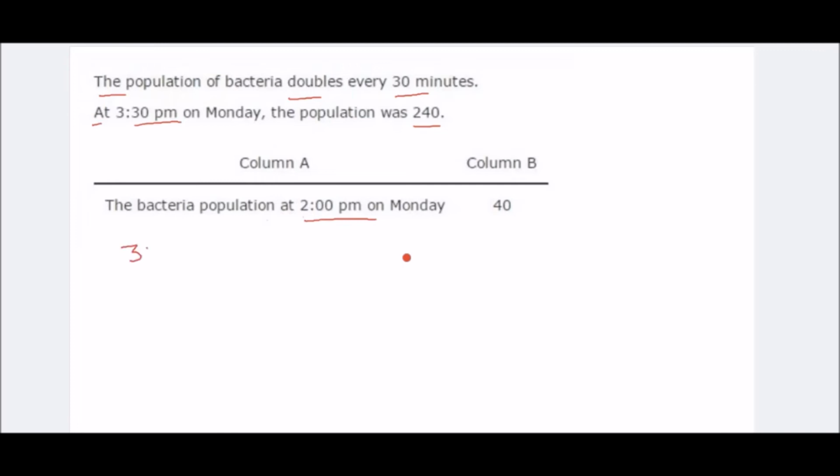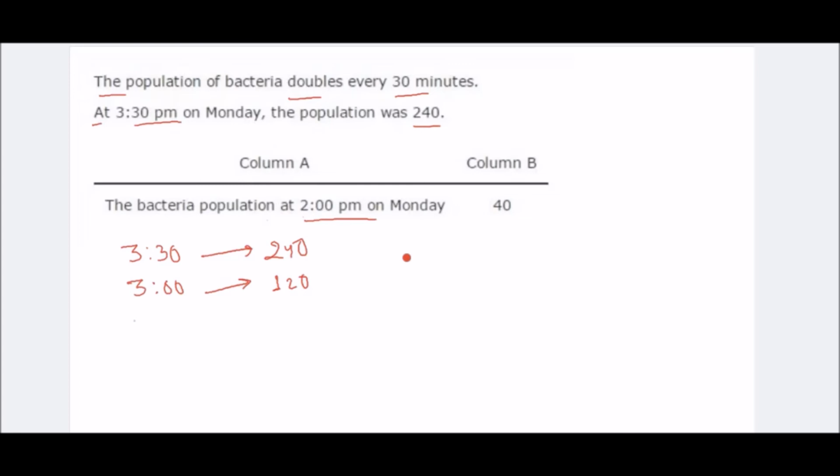See here, at 3:30, right, the population is 240, and in every 30 minutes it becomes double. So 30 minutes before, that is at 3, the population was half of it, right? So 120.